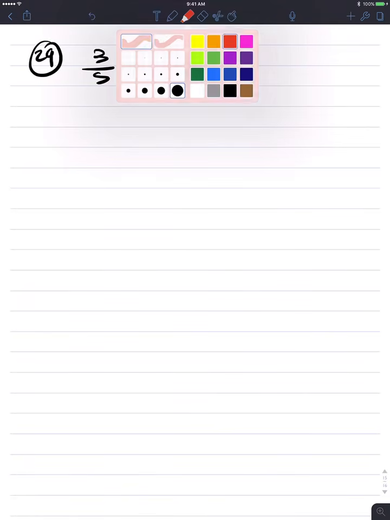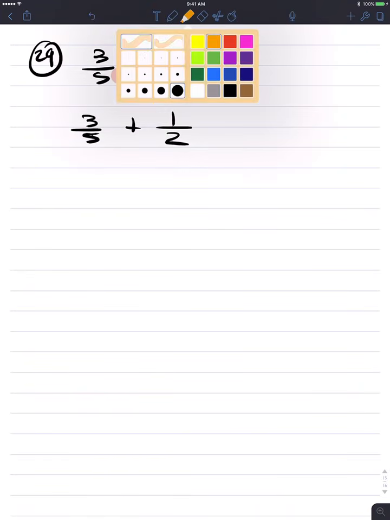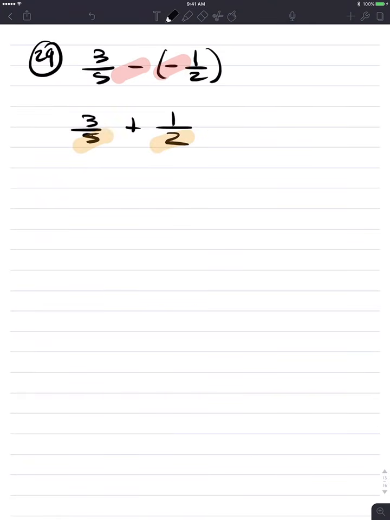29. 3/5 minus a negative 1/2. Notice opposite of a negative. So we have 3/5 plus 1/2. These fractions are unlike.